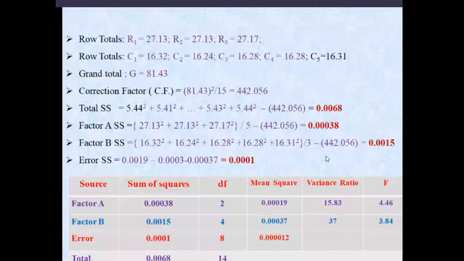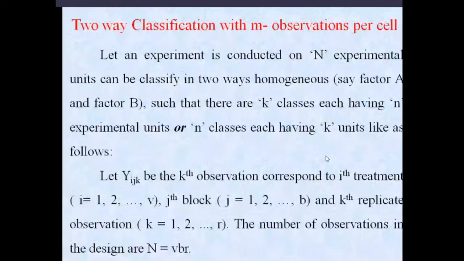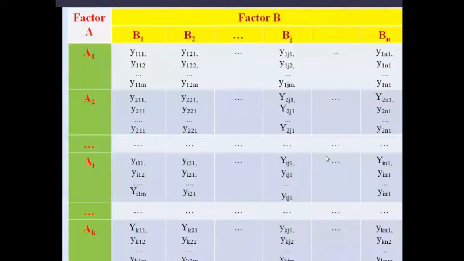Let's suppose we have m observations per cell, then this is the general way of the data. This is called m observations per cell, not one observation, only two observations, m observations per cell. So it is a two-way classification, factor A and factor B, row-wise and column-wise, but in each cell there are m observations.